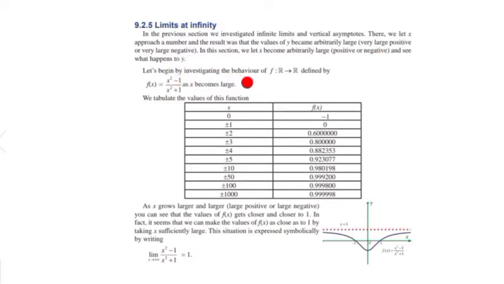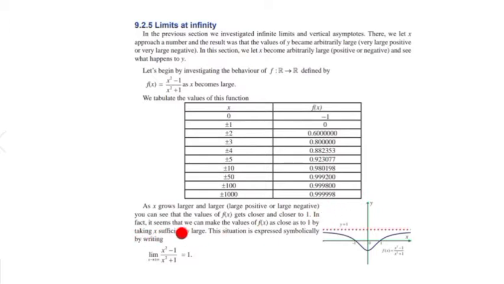Let's begin by investigating the behavior of the function f from R to R defined by f of x equal to x square minus 1 by x square plus 1 as x becomes large. We tabulated the values of the function. X value, f of x. As x grows larger and larger, large positive or large negative, you can see that the values of f of x get closer and closer to 1.